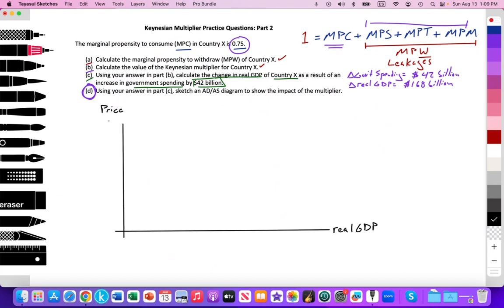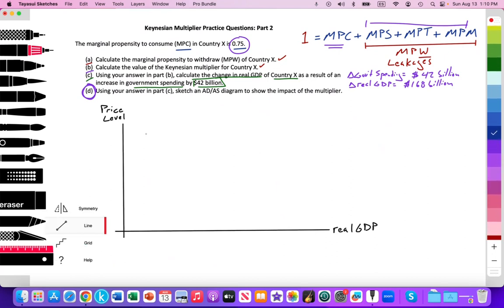So I am demonstrating my knowledge by labeling the axes, and then we'll have our downward sloping aggregate demand curve. I'm going to label that AD1, aggregate demand curve 1.